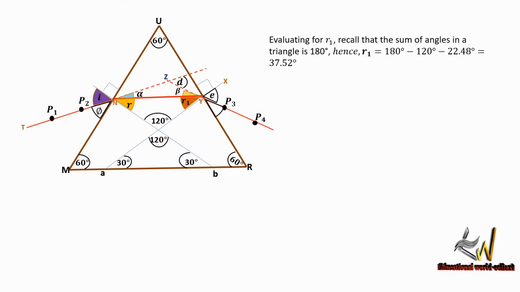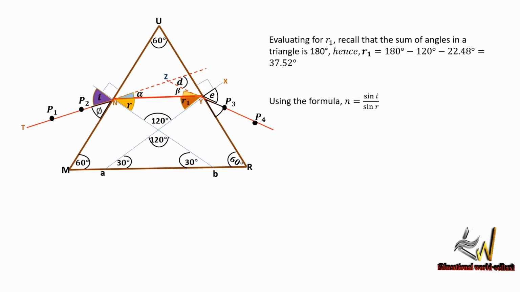So we now move over to evaluating for R1. R1 is now equal to 180 minus 120 minus 22.48 degrees, which gives us 37.52 degrees. Why? Because these are all angles in a triangle.